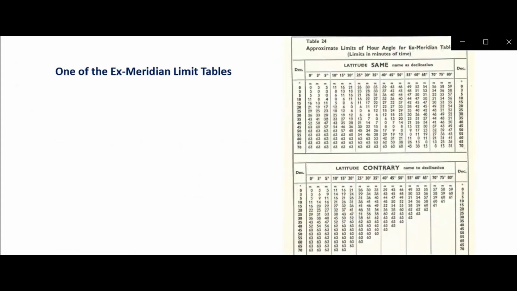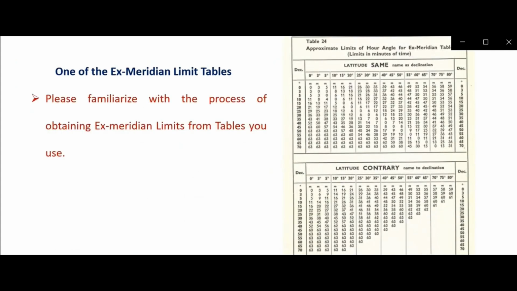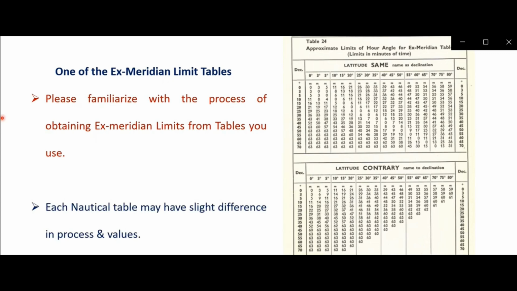One of the exmeridian limit tables is as shown here on the screen, wherein you can use them with the declination of the body and the observer's latitude, with different tables for same and contrary names. However, you are likely to have different methods of obtaining exmeridian limits based on the nautical tables that you use.